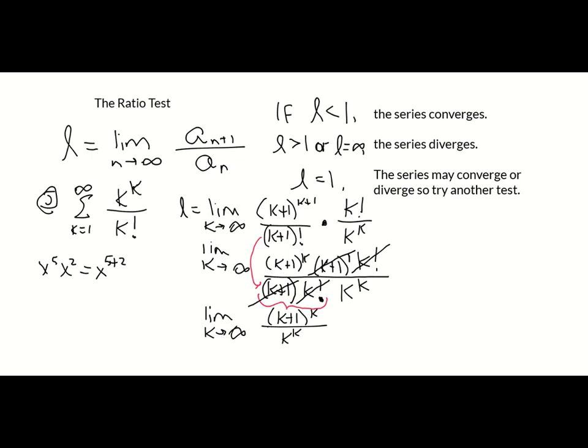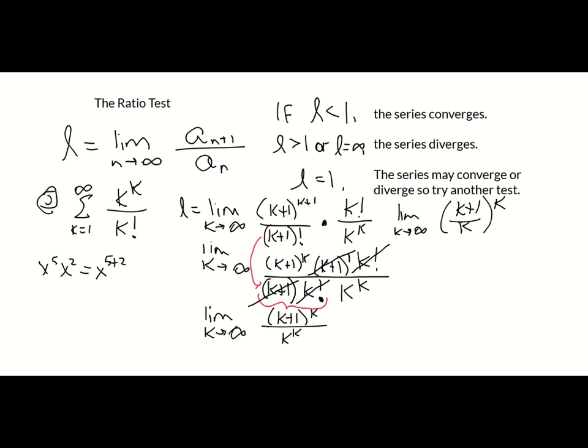Since those have the same power, they can be put together as one fraction, all to the k power, which would mean the limit as k approaches infinity of k plus 1 over k raised to the k power.